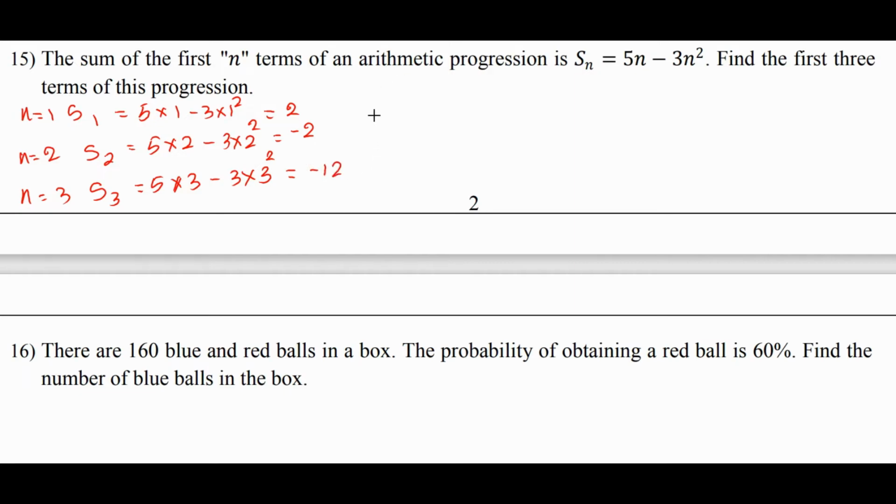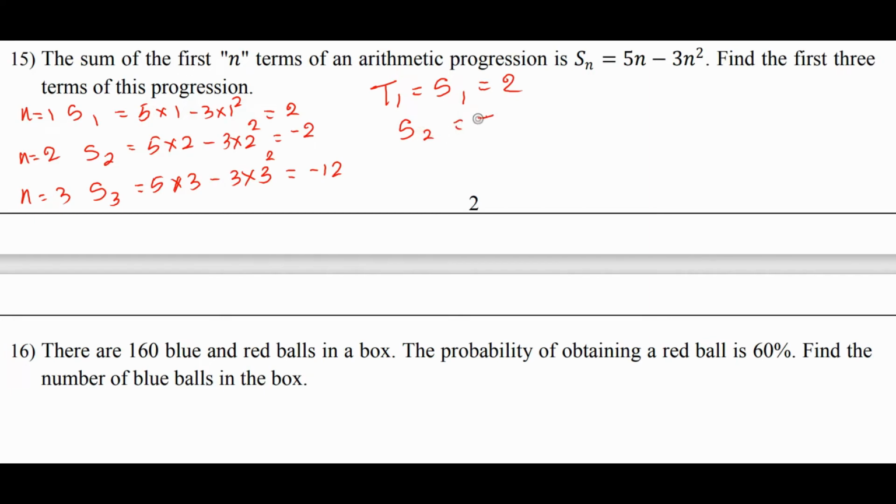Right. Now listen to me carefully. S1 means the sum of the first term. So the sum of the first term means T1 is equal to S1, which is equal to 2. Then S2 is the sum of the first two terms.